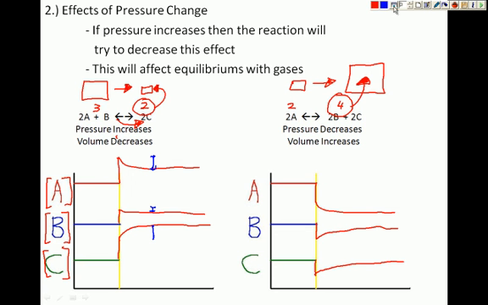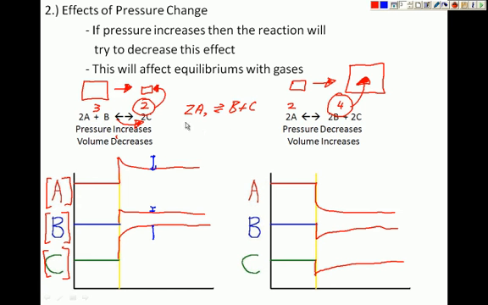Now, if you had something that is two gases here, and it forms an equilibrium and makes B plus C here, and this is two gases and two gases. Well, since there is no difference in the amount of gas and no difference in the amount of volume, there will be no change in any of it.